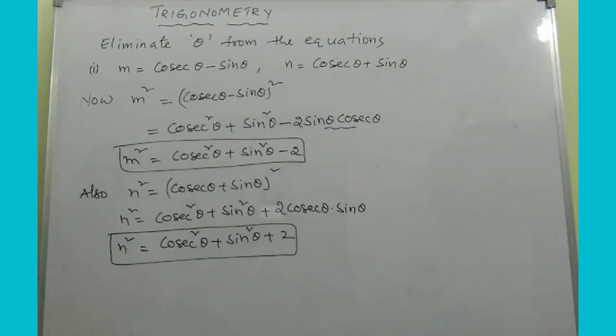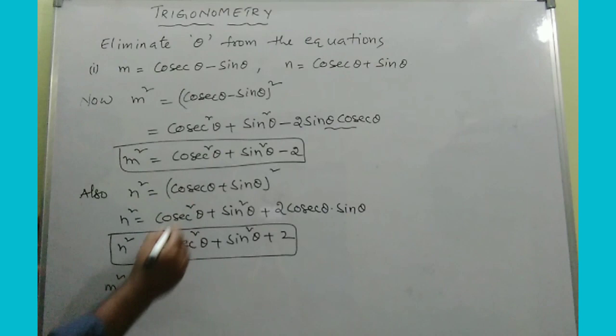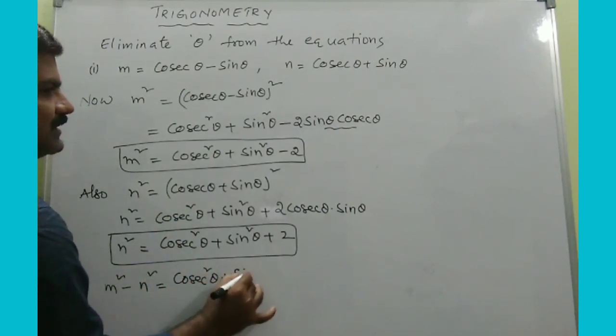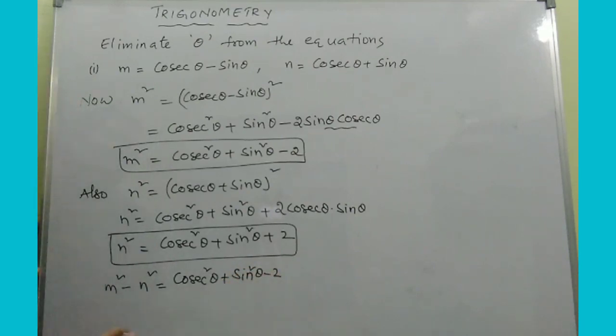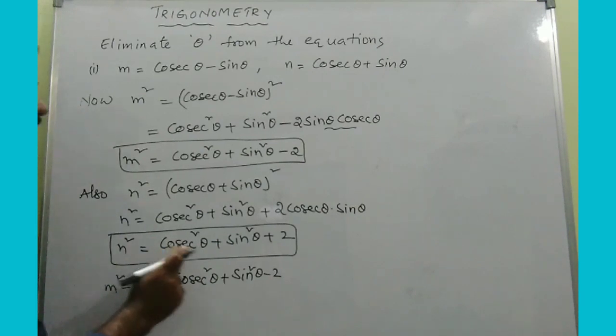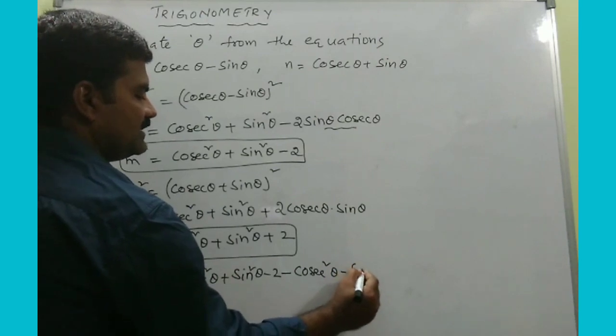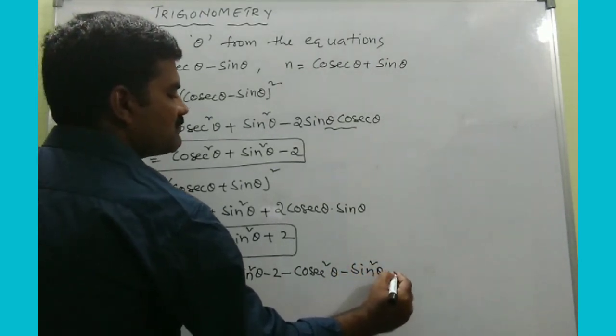Then do one thing: instead of adding these two, let us subtract these two. So go for m square minus n square. First of all, the m square value is cosecant square theta plus sin square theta minus 2, and minus n square, so when you multiply with minus, it becomes minus cosecant square theta minus sin square theta minus 2.